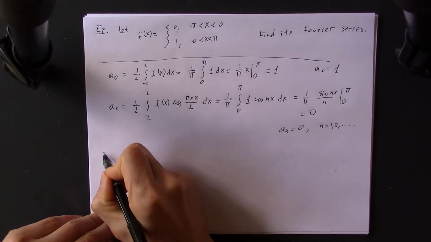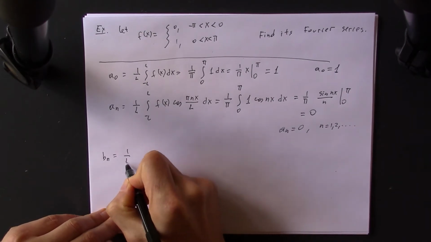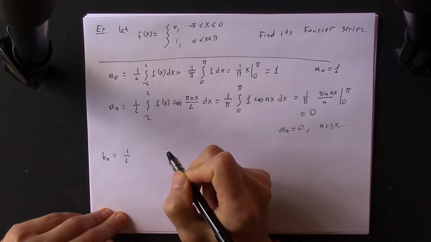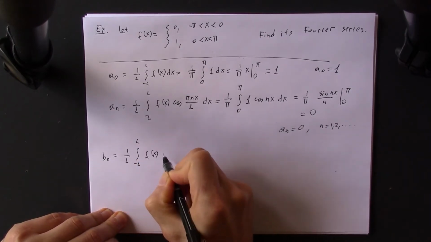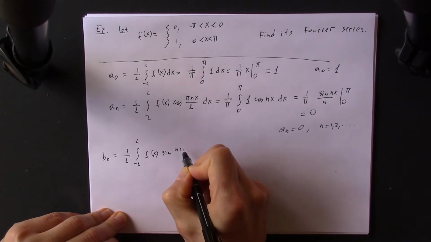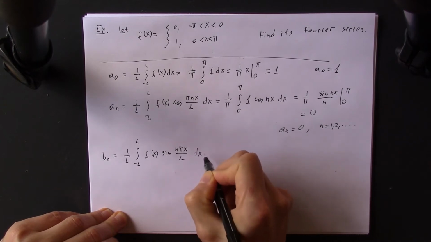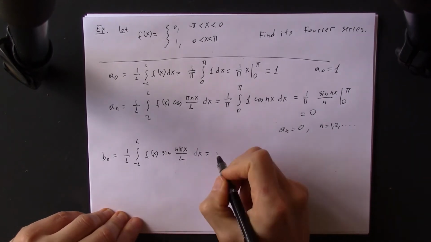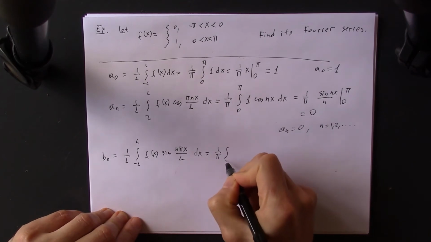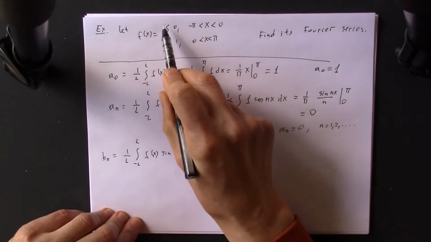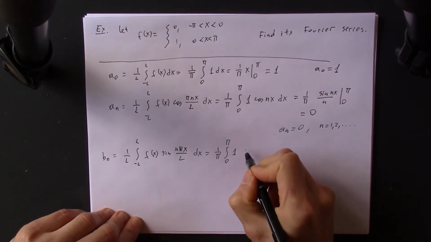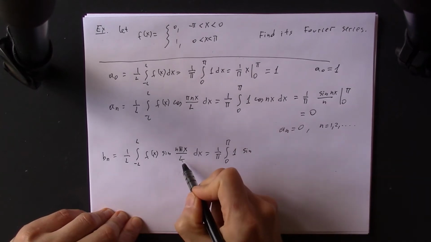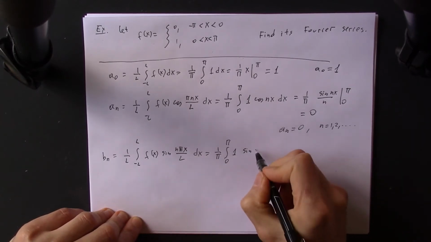Now to find bn, we're going to use formula bn equals 1 over L, similar to formula for an, the only difference is instead of cosine, we're going to write sine. So L again equals to pi, so it's going to be reduced to 1 over pi integral from 0 to pi, because the way function is defined, it's 0 in interval from negative pi to 0, and 1 on 0 to pi. Since L equals to pi, pi and pi will be cancelled out.